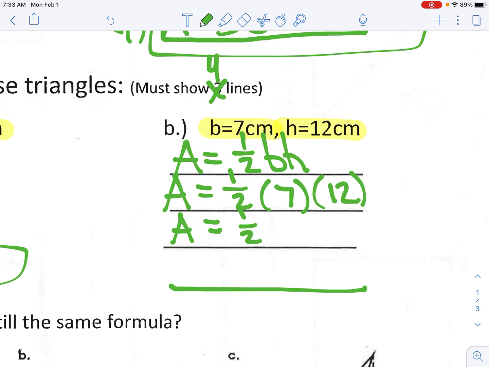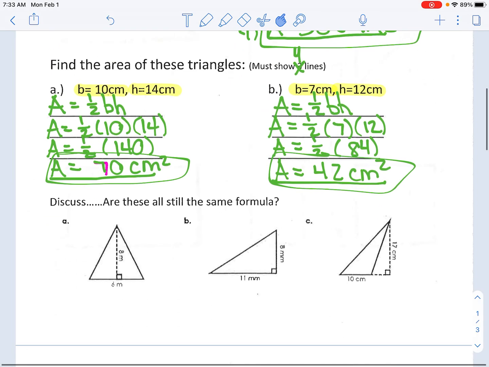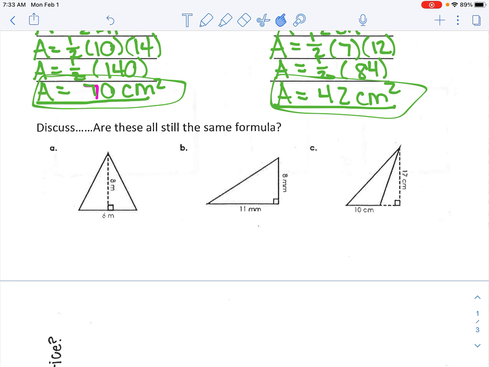All right, so half of 84 is 42 centimeters squared. Easy peasy. All right, are these all still the same formulas?